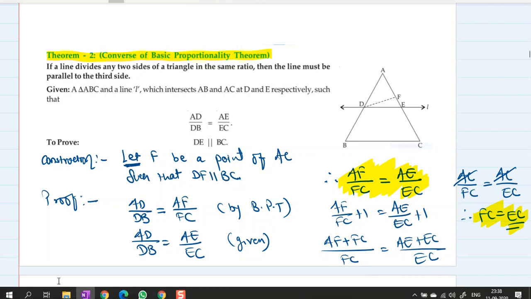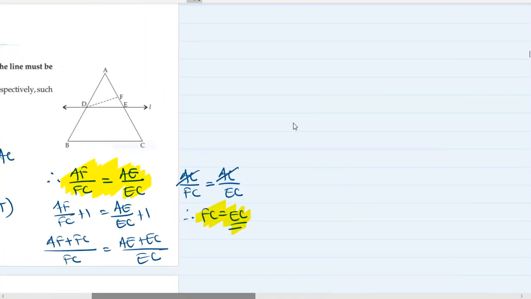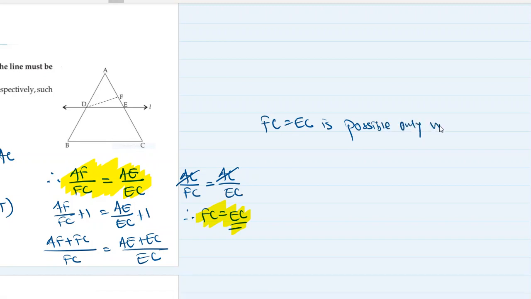So you must write this statement like: FC is equal to EC is possible only when F and E coincide.